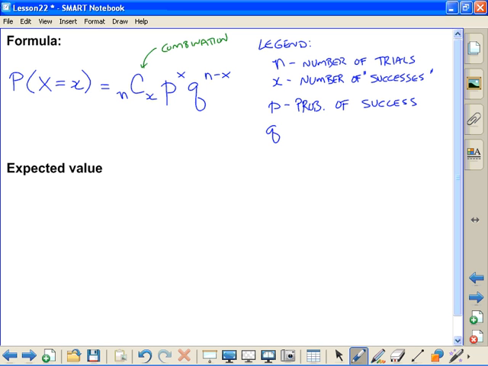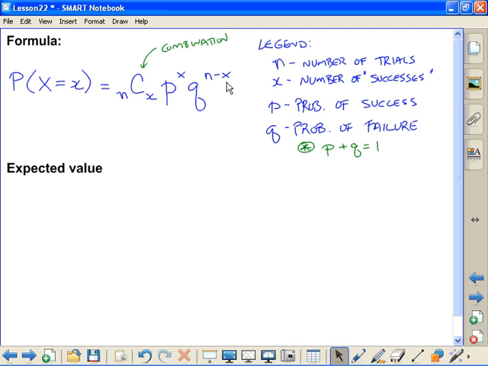And Q is our probability of failure. All right, and keep in mind, this goes back to Unit 1, P plus Q is always equal to 1. It's always 100% something's going to occur.